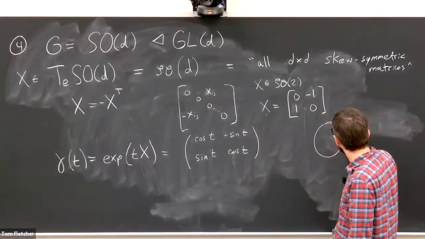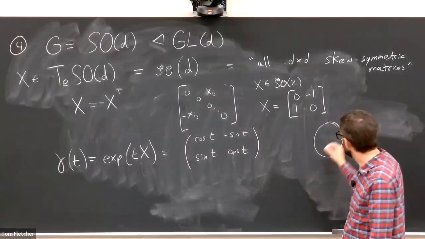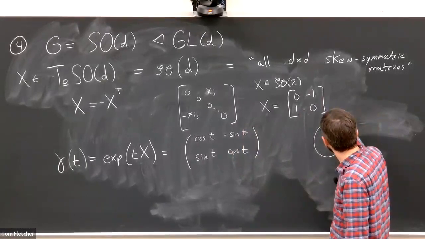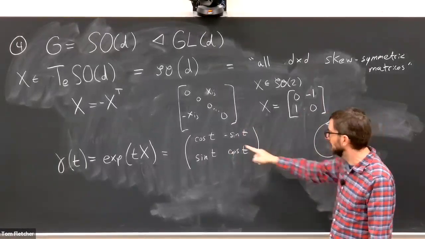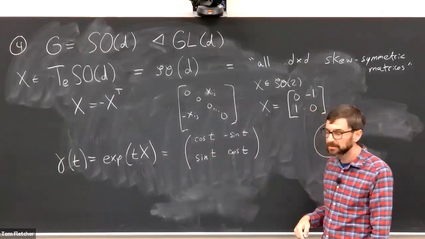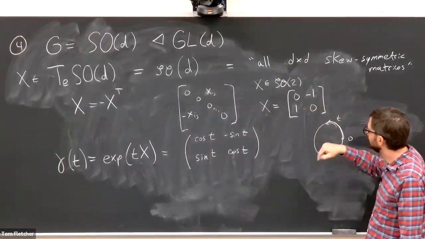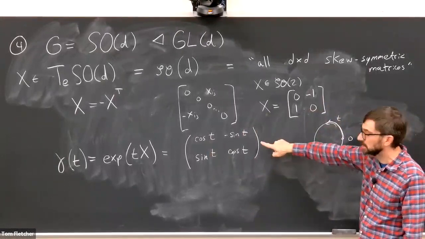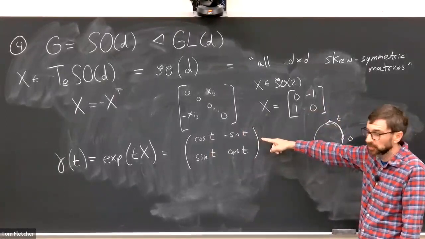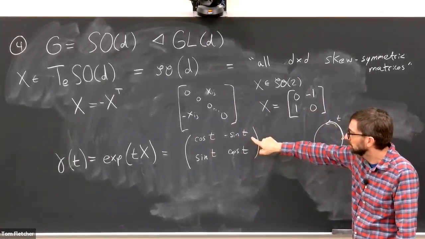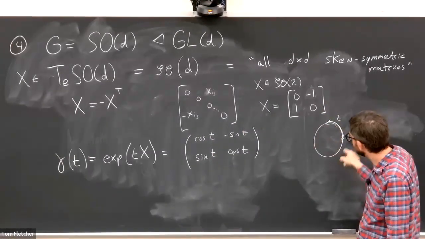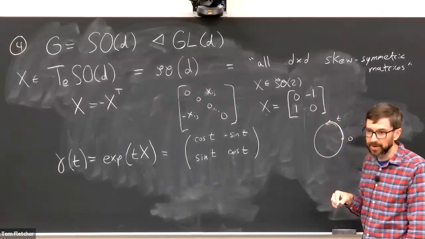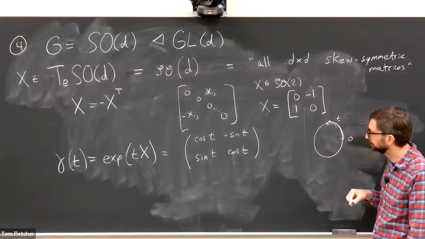This is an angle of 0, and then t just goes around the circle as cosine t, sine t. It's a one-dimensional group, it's a circle, so the one parameter subgroup is just wrapping around the circle as rotation by t.